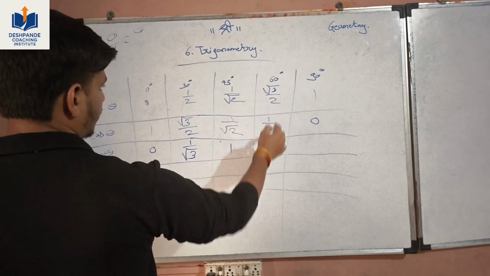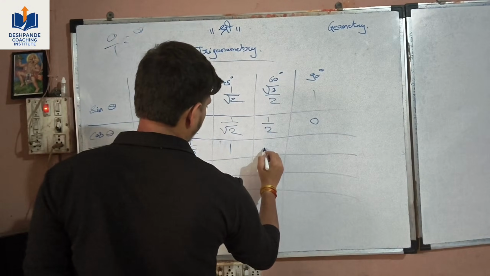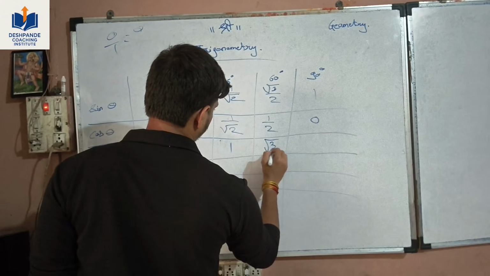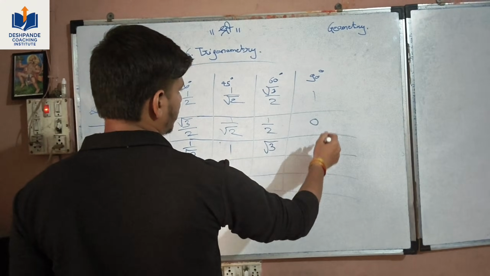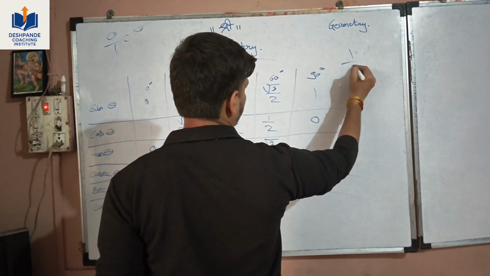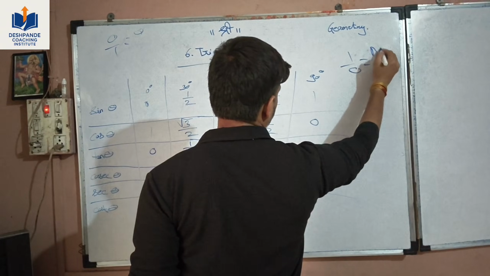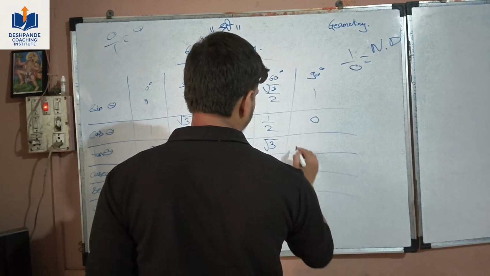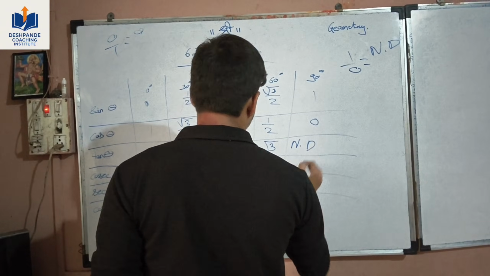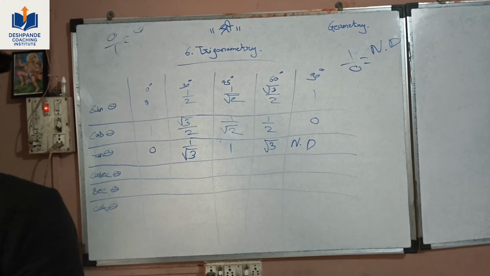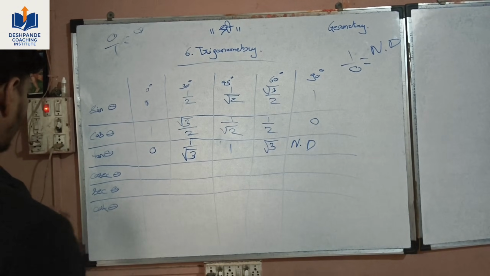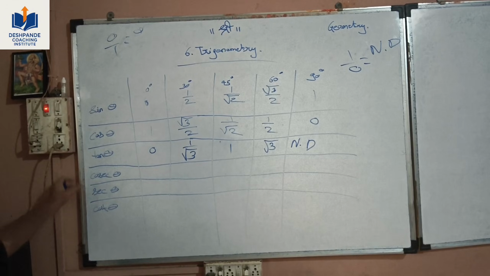Then root 3 upon 1 will be root 3. And 1 upon 0 is equal to not defined. Not defined is denoted as ND.